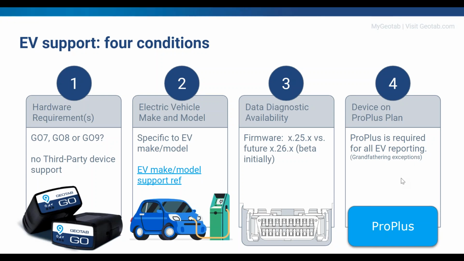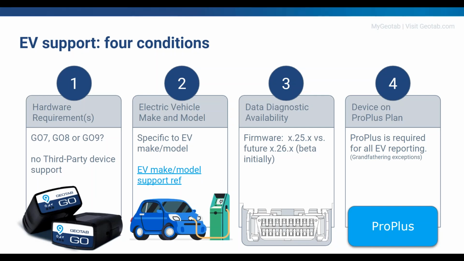And the last one is that all of the EV specific data is going onto the ProPlus plan. But if you already have the Go devices in your EVs, you are grandfathered in to continued EV support. That grandfathering happened mid-May.